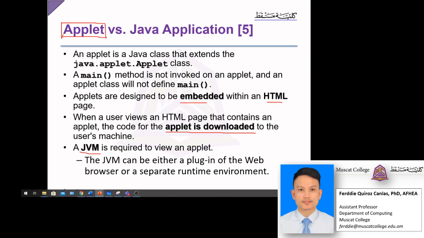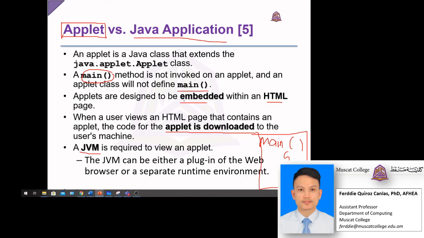Okay? And the other difference is that a Java application has a main method. You know this one, right? Whenever we write code in C#, in C, or in Java, we have the main method like this. This main method is not present in an applet. Applets don't have main.